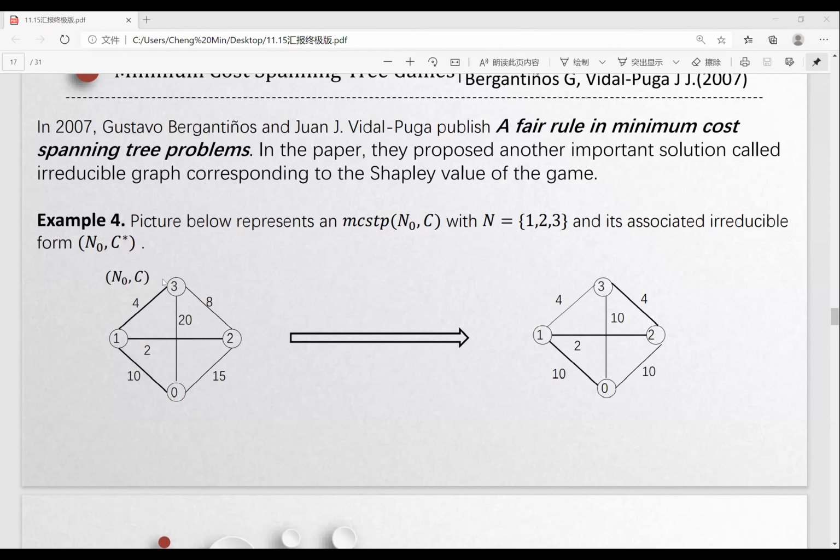First, we find a minimal cost spanning tree like this. Because the cost of each edge in the figure is defined as the cost of the most costly edge in the path between the two nodes under the minimal cost spanning tree, we change the graph and it becomes a reducible graph like this.